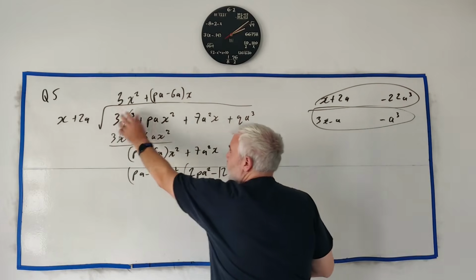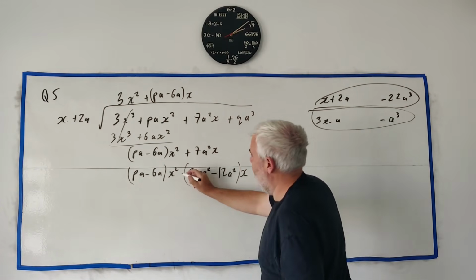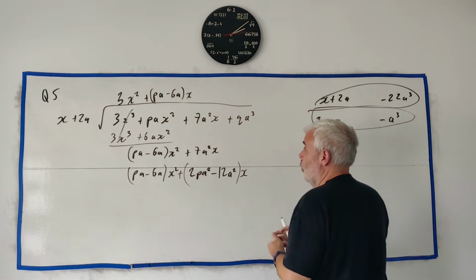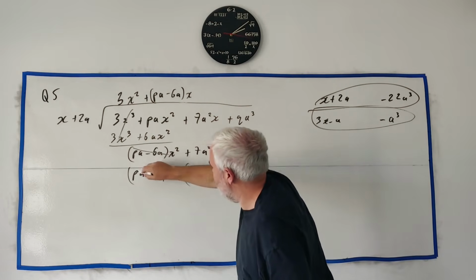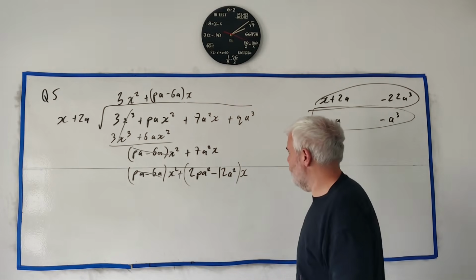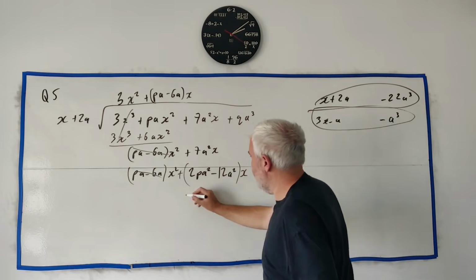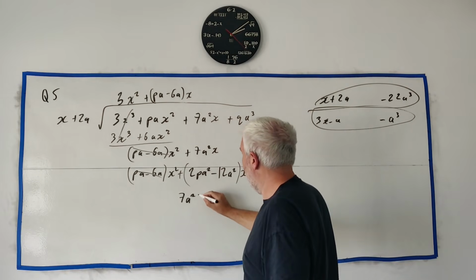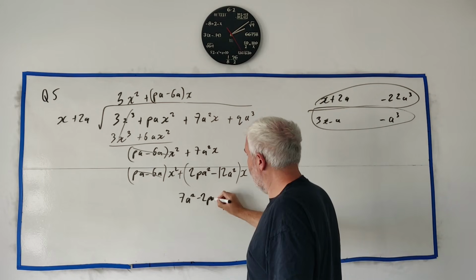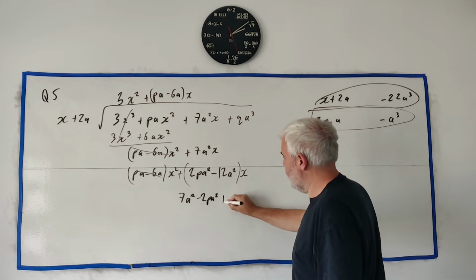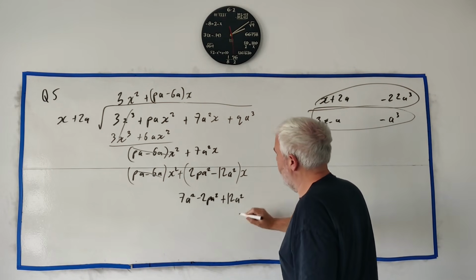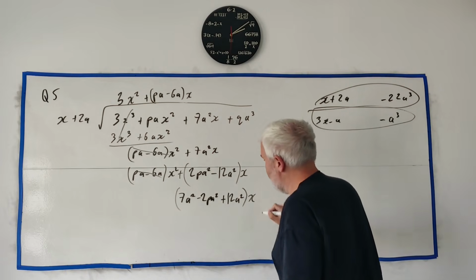So that's this term multiplied by 2a, put a little plus in there, and underneath this we're going to take these away. These cancel. I'll save the effort writing these in future. So this all becomes 7a squared minus 2pa squared, so plus 12a squared, all times x.